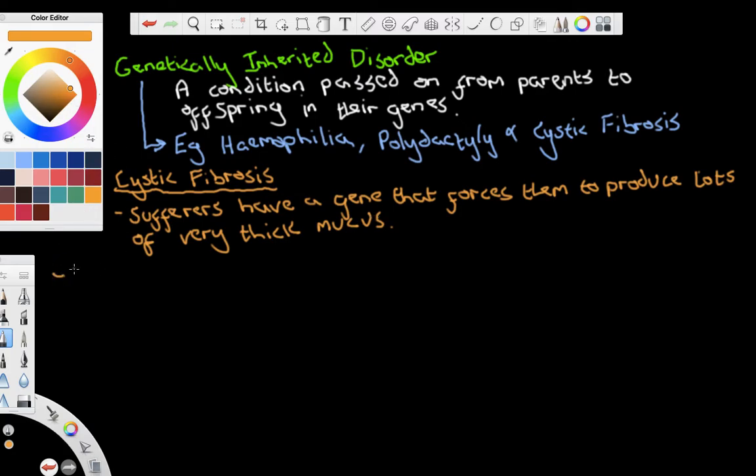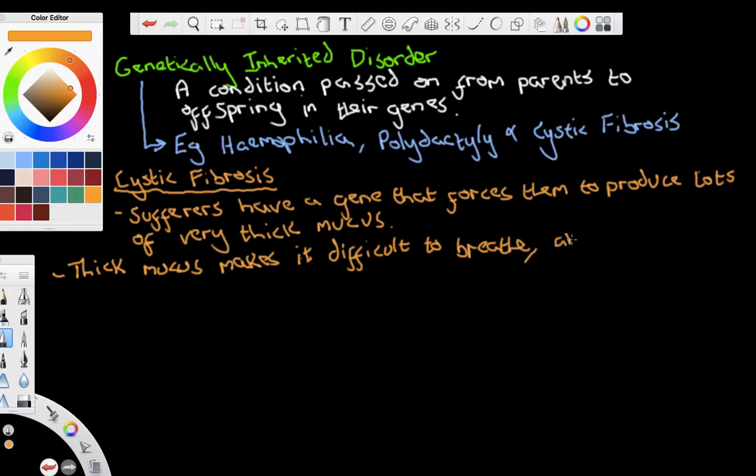So we can say that the thick mucus makes it difficult to breathe, absorb nutrients from food, and get pregnant.